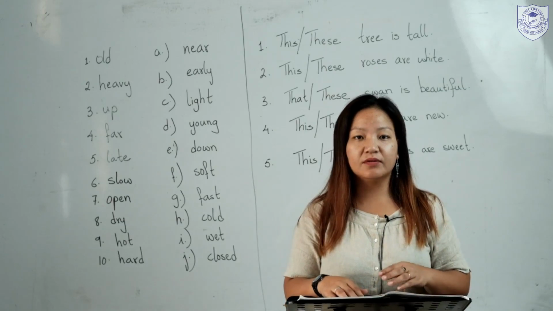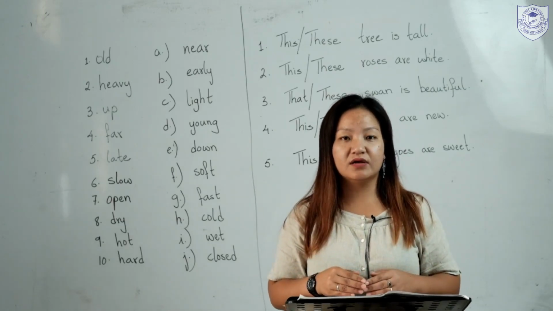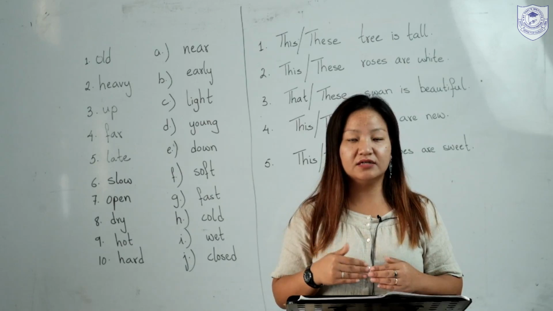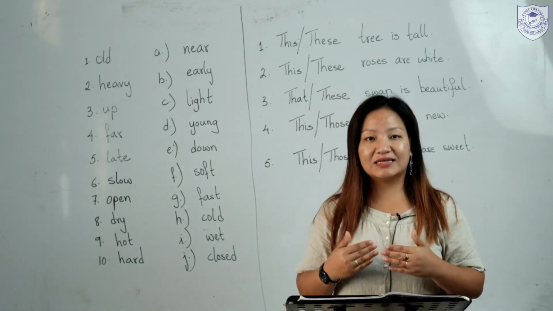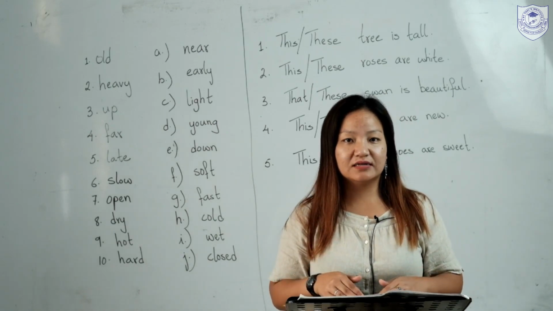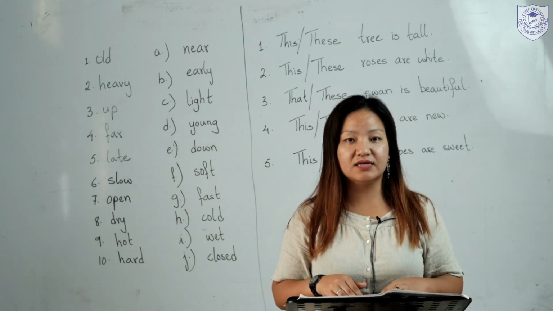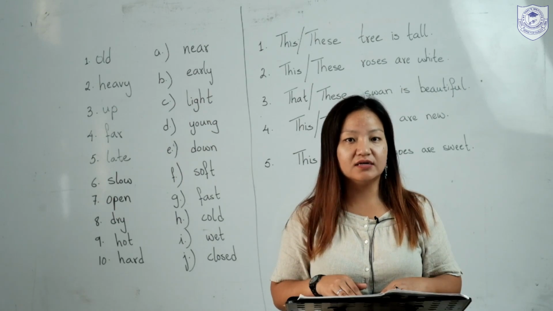For example, noun: girl; beautiful girl. What type of a girl? Beautiful. So beautiful is the adjective. Or cute kitten. What type of kitten? It's cute. So cute is called the adjective and kitten is called the noun, right?